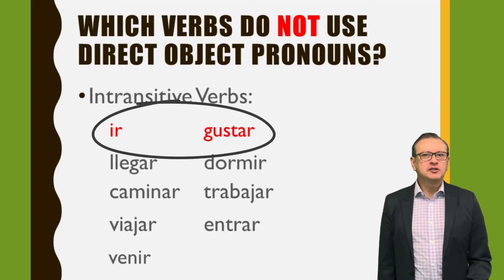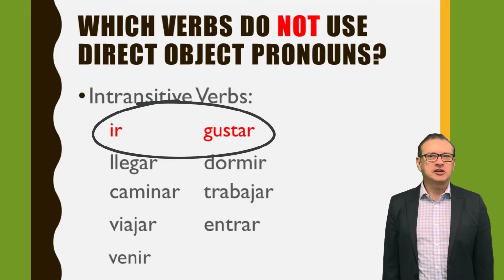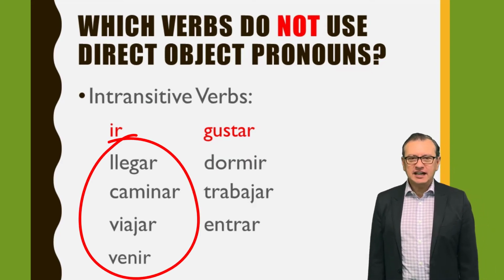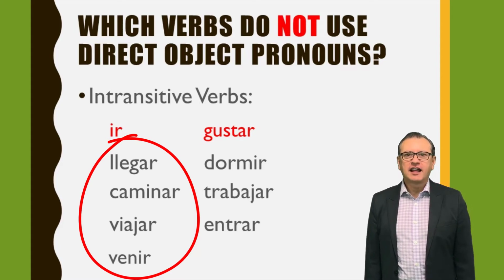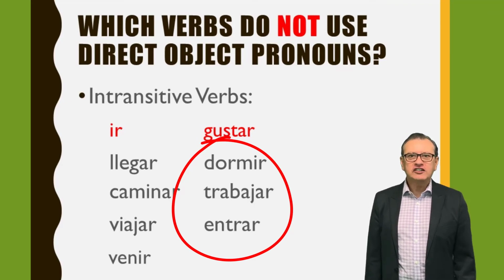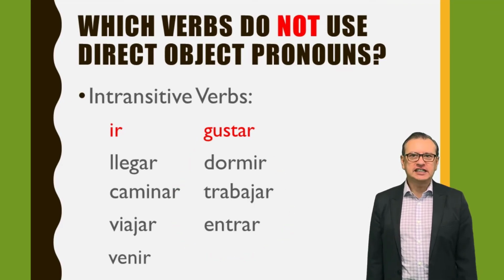Ir, to go; gustar, to like. Even though ir and gustar are irregular verbs, they don't require an object. Llegar, caminar, viajar, venir, dormir, trabajar, and entrar. None of these verbs have an object in their sentence.